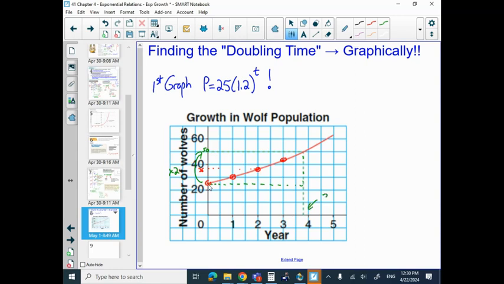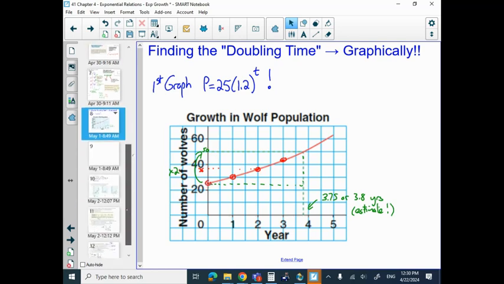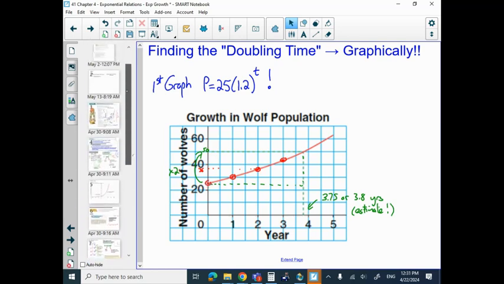Looks like about 3.75 or 3.8 or something years is an estimate from a graph. There is a mathematical way of doing that, but we're not doing that in this lesson, right? So that's it for that.